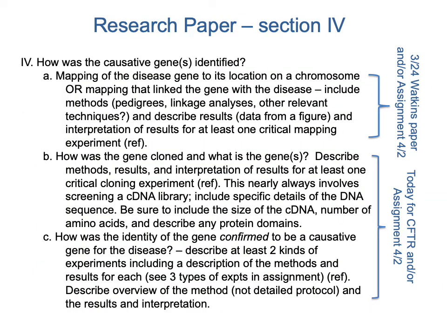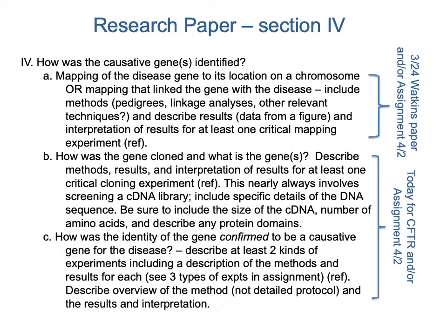Okay, so in section 4 of the paper, if we zoom in on exactly what that part entails, this is the section where you are going to be describing how the causative gene for your disease was identified. So this will include first how the gene was mapped to its location on a chromosome, or how mapping was done that linked the gene with the disease.